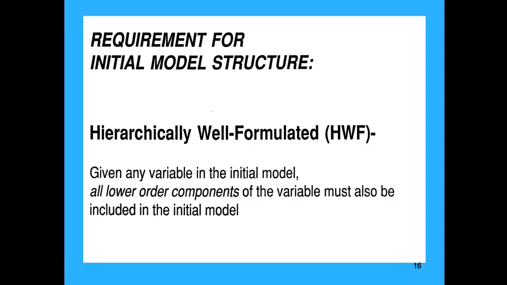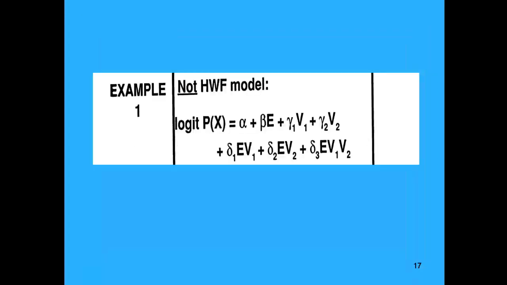Well, I'm mentioning it. It says, given any variable in the initial model, all lower order components of that variable must also be included in the initial model. All lower order components of any variable in that model must also be in the model. That's the rule. It's really a simple rule. And here's an example of a model that's not hierarchically well formulated.